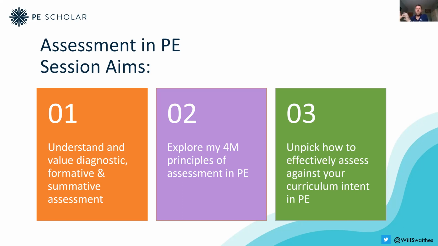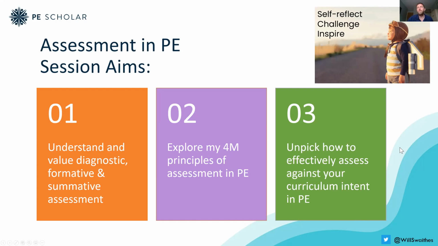And then often we see assessment as siloed in activities like football or rugby. And I'm not sure that does a very good job. So I'm hopefully going to get you to self-reflect a little bit, challenge your thinking, and fingers crossed, inspire you a little bit with some examples as we go.